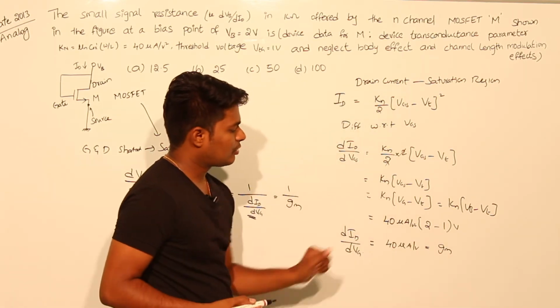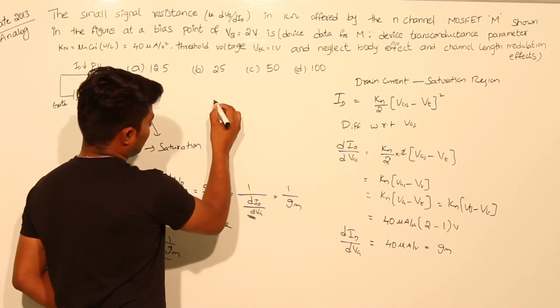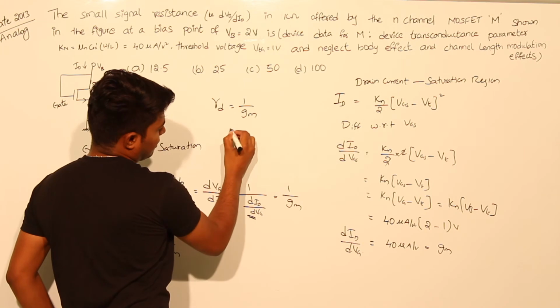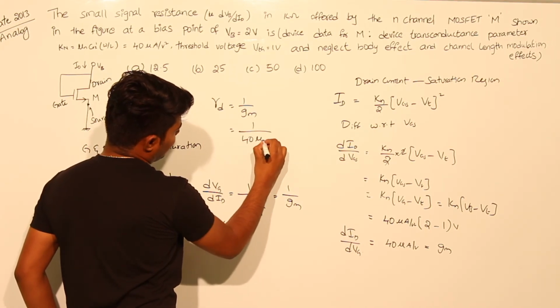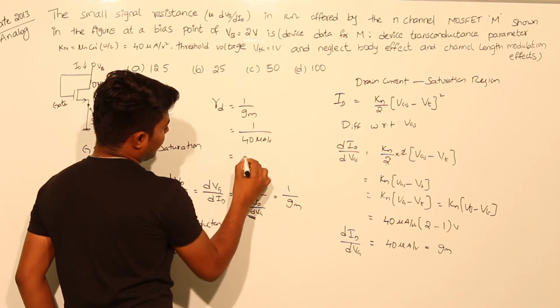Now if you take the reciprocal, you will get the small signal resistance: Rd equal to 1 by Gm, which is 1 by 40 microamps per V.